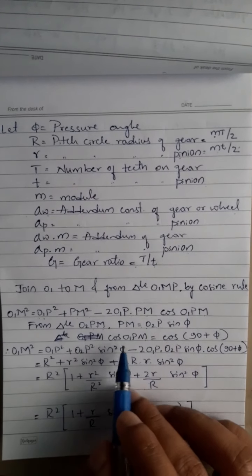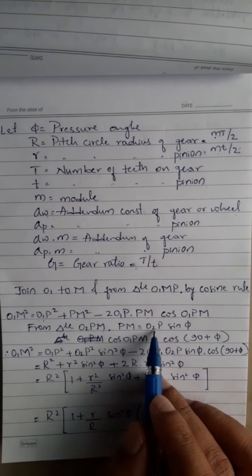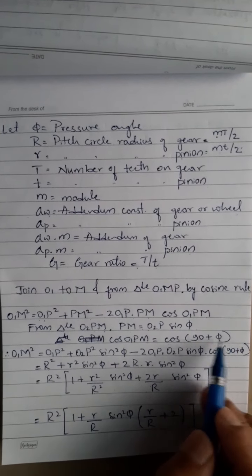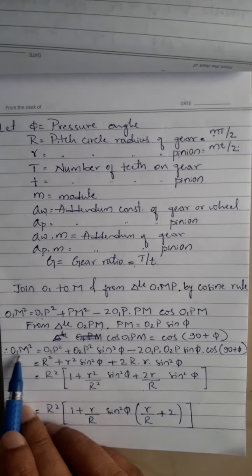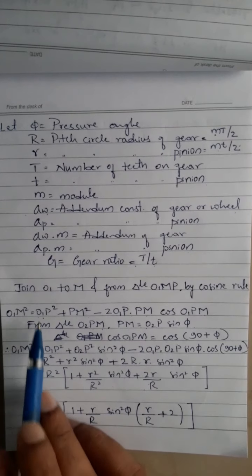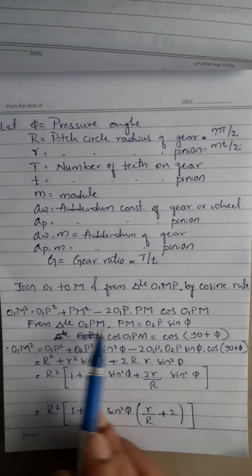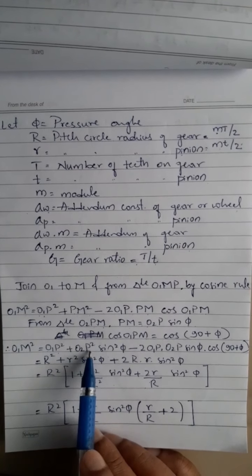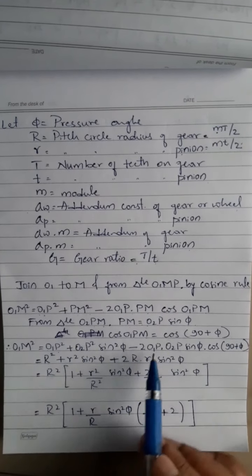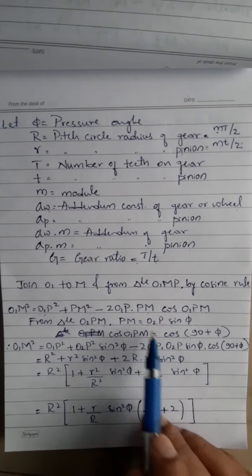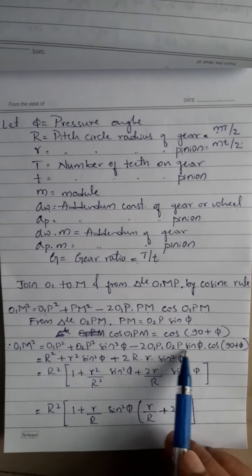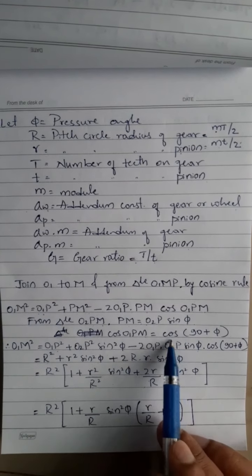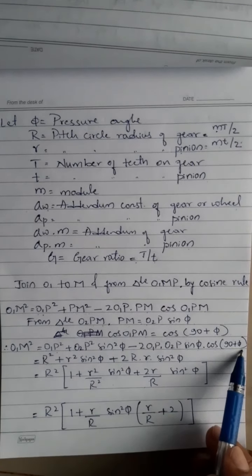So substituting PM as O2P sin phi and cos O1PM as cos of 90 plus phi in the above equation, O1M square is equal to O1P square plus O2P square into sin square phi minus 2 O1P and PM as O2P sin phi and cos 90 plus phi.